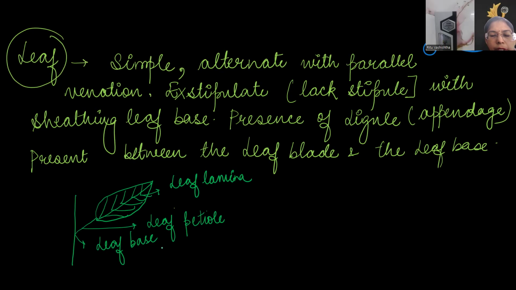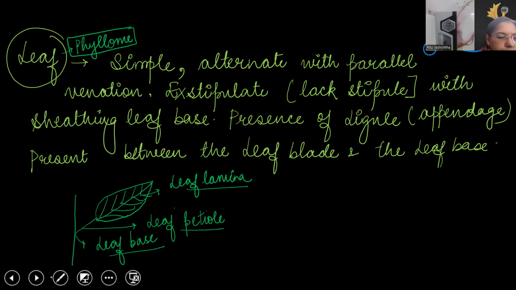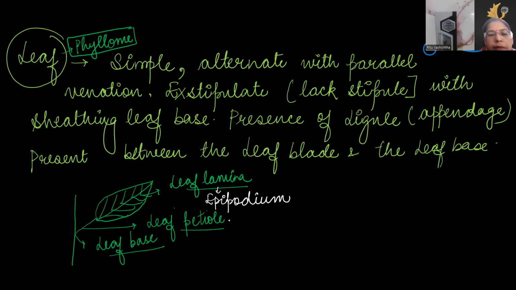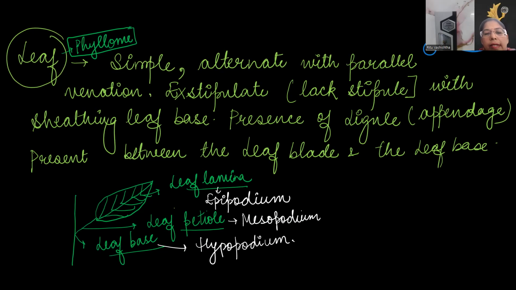Now the general terms used for the leaf in morphology: the leaf lamina is epipodium, the petiole is mesopodium, and the leaf base is hypopodium. So here we have epipodium, mesopodium, and hypopodium. I believe it's clear these are the three parts.